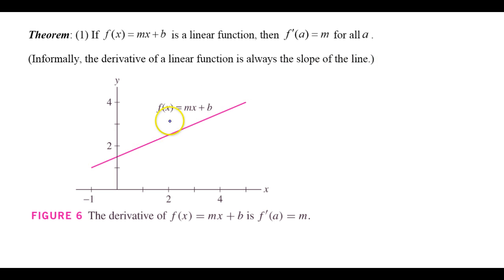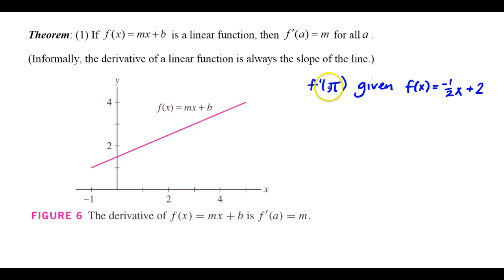So if this is my linear function, mx plus b, and I wanted to find f prime of a for any a, so for any x value I plug in, the slope of that line is always m, so the derivative is always m. So just to take a quick example, let's make it interesting. Let's say I want to find f prime of pi, given f of x is the function negative 1/2 x plus 2.